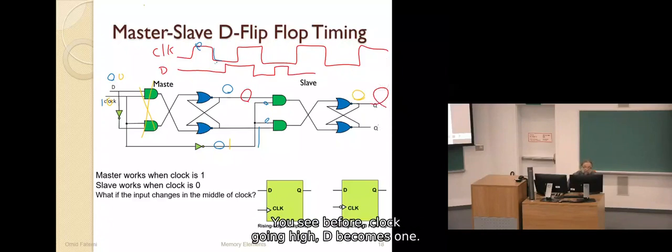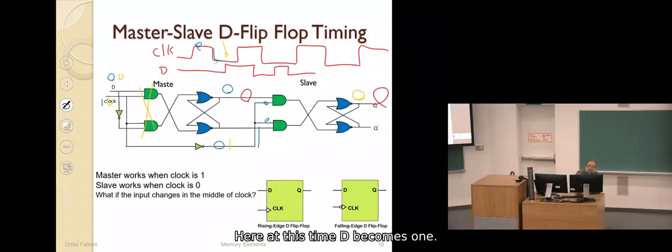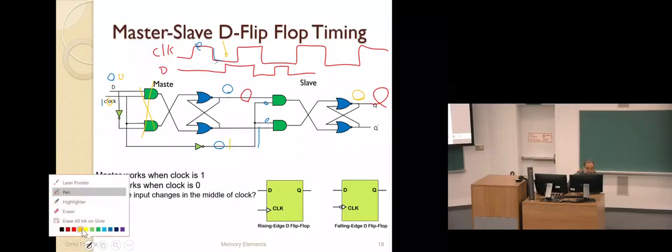You see, before clock going high, D becomes 1 here. So at this time, D becomes 1. Okay, D becomes 1. So let's write. Oh, it's not coming. It's green.